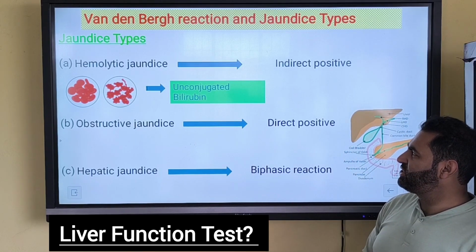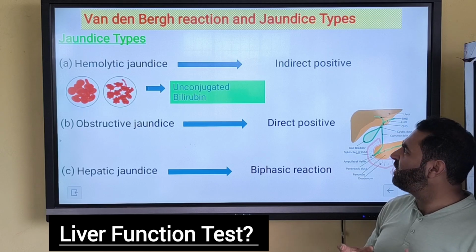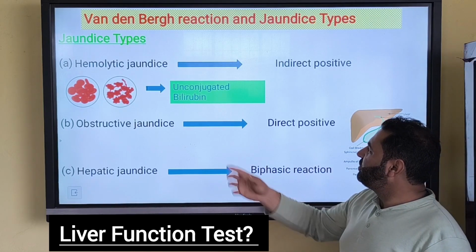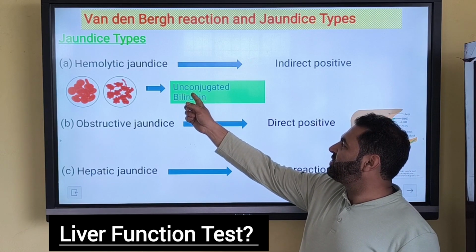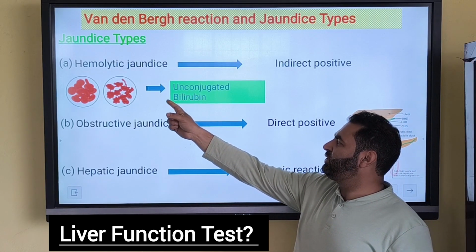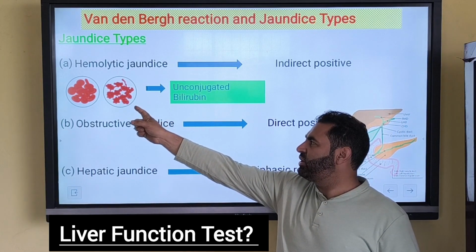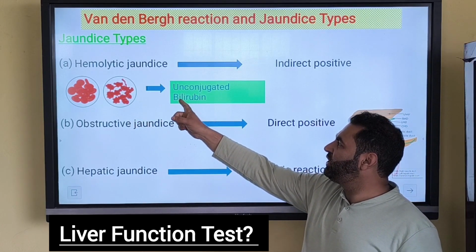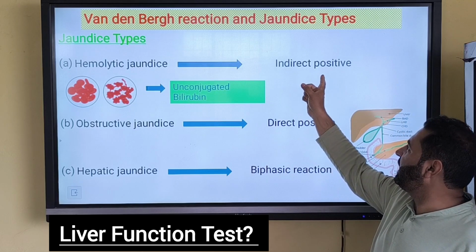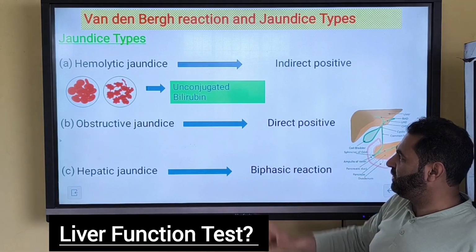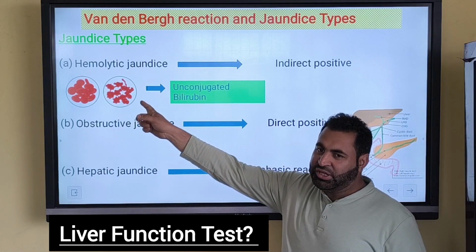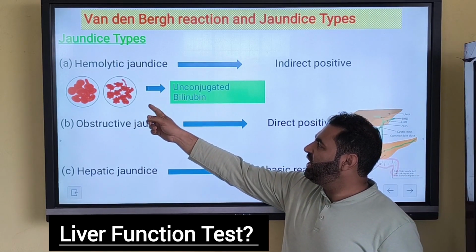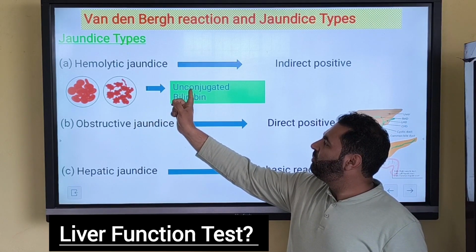But in hemolytic jaundice, the liver does not have the ability. It is overloaded because of the large concentration of unconjugated bilirubin that is coming from hemolysis of RBCs. So this hemolytic jaundice should give us indirect positive Van den Bergh reaction, because in hemolytic jaundice the liver is not capable of conjugating the bilirubin.